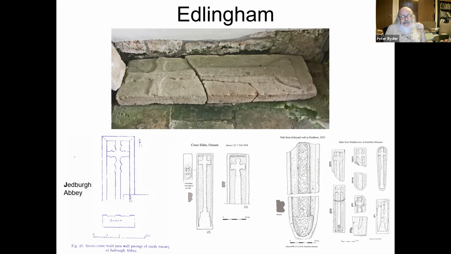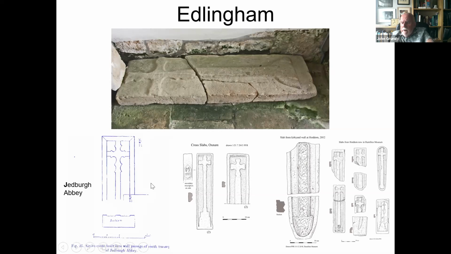It's simple, it's in high relief. The form of the cross is the main thing. Cross slabs go right through the medieval period, but this is just quite different to the standard 12th, 13th, 14th century slabs we find in large numbers. And we do know Edlingham, there's documentary evidence of it being an early monastic site back in the 800s.